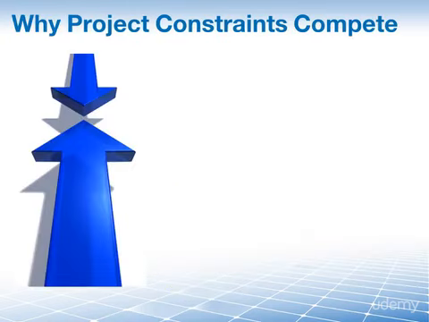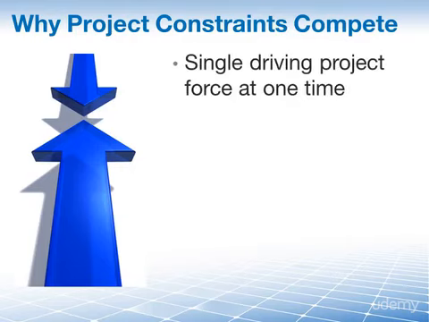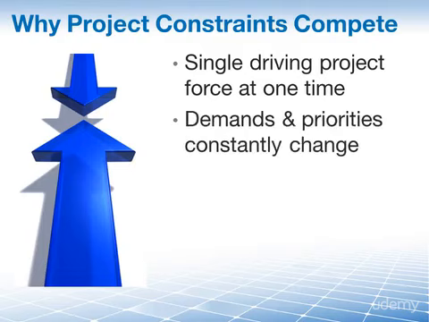So why do these constraints exist, and why do they compete with each other? It is because at any given time during a project you will have a single driving force that represents where the project's resources will be focused, which can and often does change during the project. Constraints are used to help evaluate competing project demands.